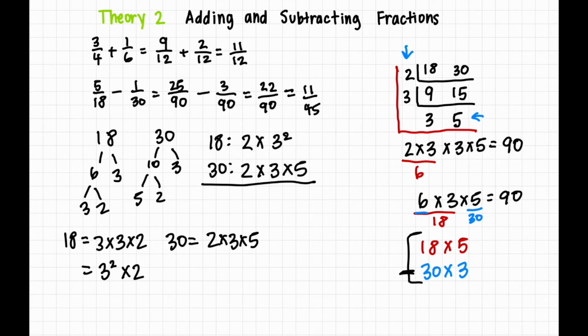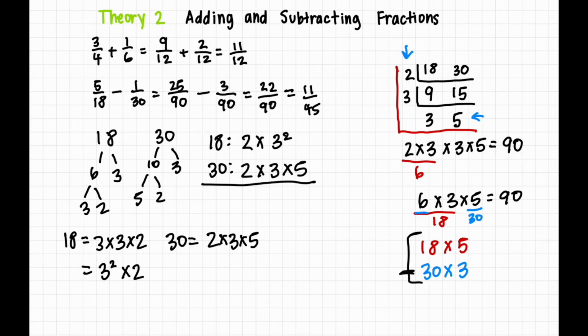Also, you would rearrange the numbers so that each column is the same number. So 2 and 2, 3 to the power of 2 and 3, and then 5 is just 1.